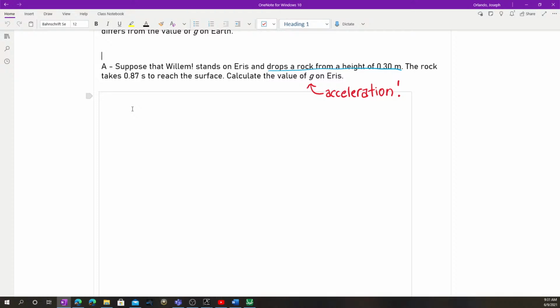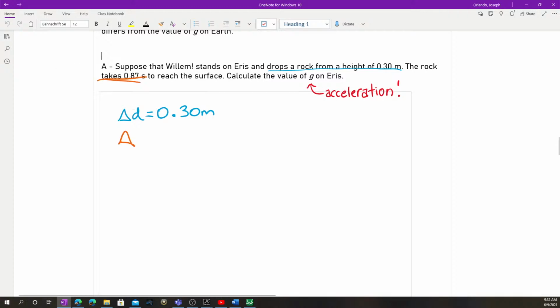And we know that it takes 0.87 seconds. So the time that's going to pass is 0.87 seconds.